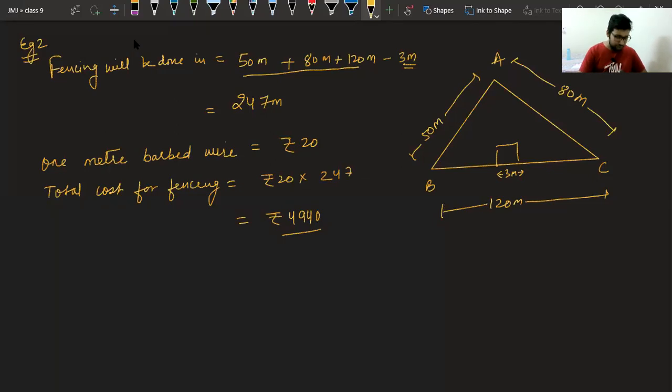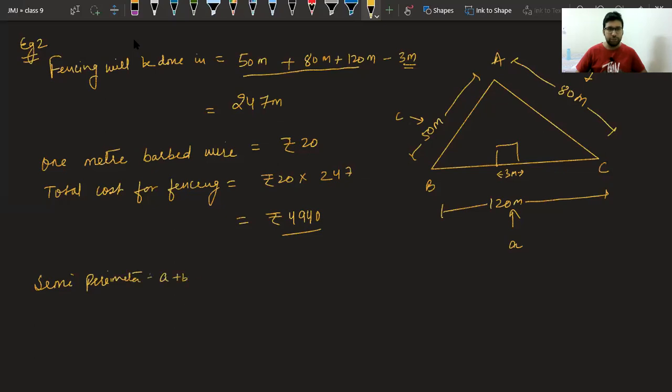Now comes the area where we want to put the grass. Let's see. For area we all know, let me call this A, this small b, this small c. First, for area we find semi-perimeter, which is how much?